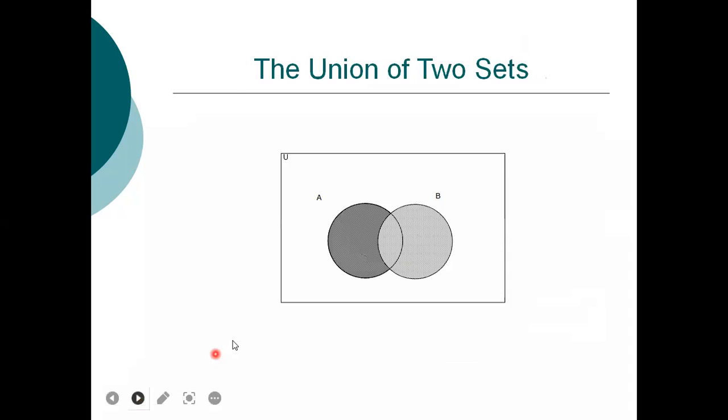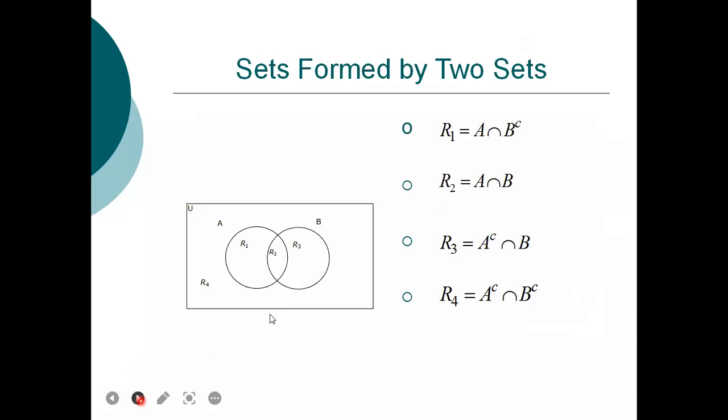Now the union of two sets. Suppose A is the first set and B is the second set, then A union B can be found by this. R1 will be A intersection complement of B, and R2 will be A intersection B, and R3 will be complement of A intersection B, and R4 is the intersection of their complements.